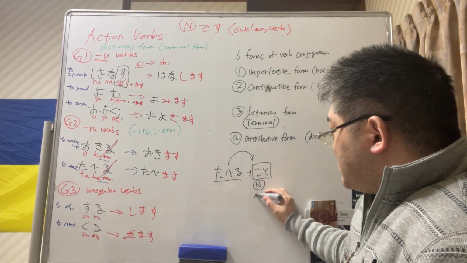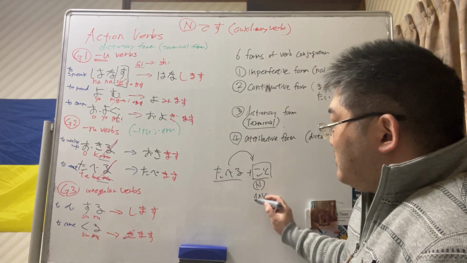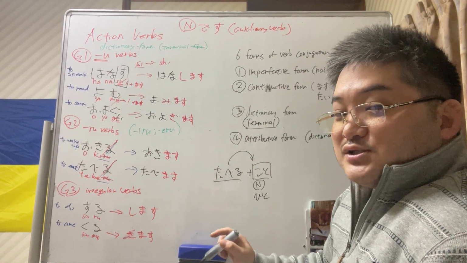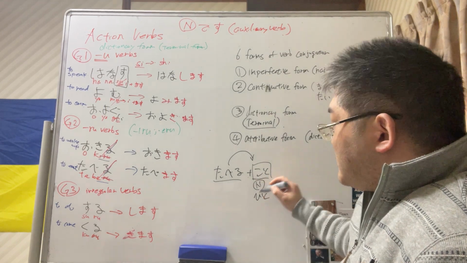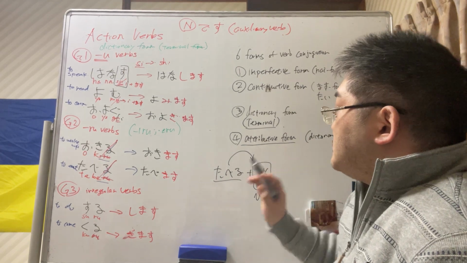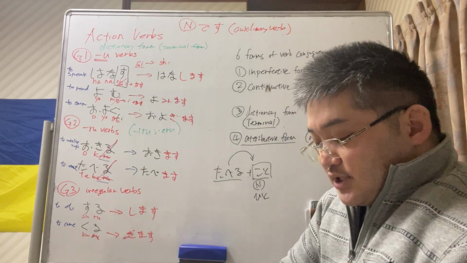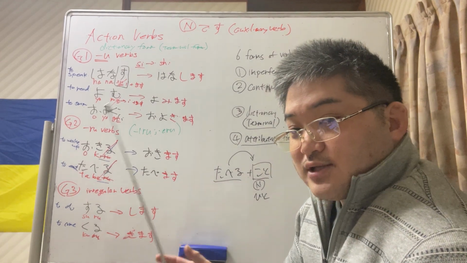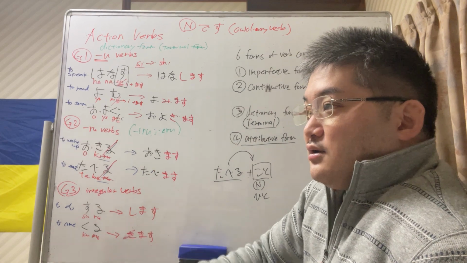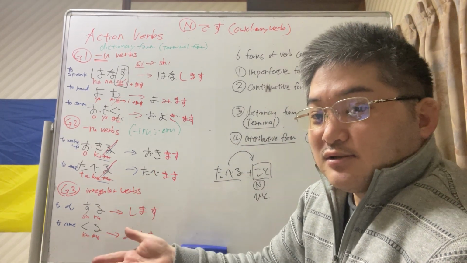Or if this was hito, hito is also a noun. 食べる人 is a person who eats. The attributive form is very important in Japanese grammar. It's called a qualified noun phrase, but it's the equivalent of a relative clause in English.